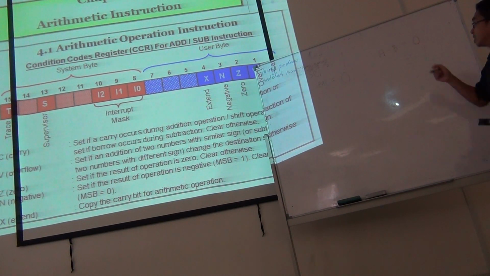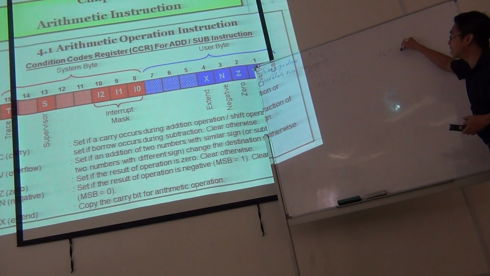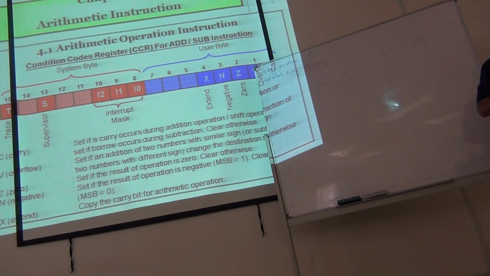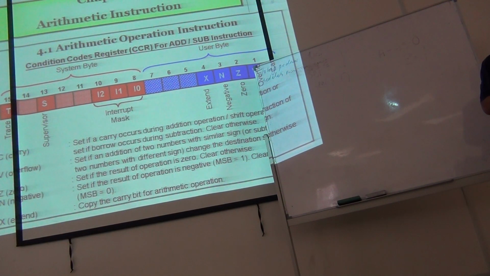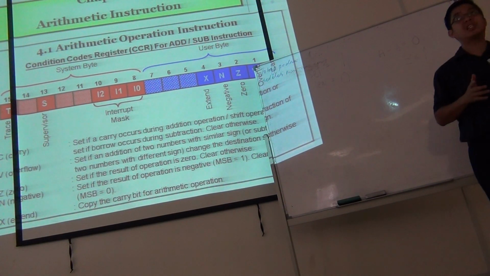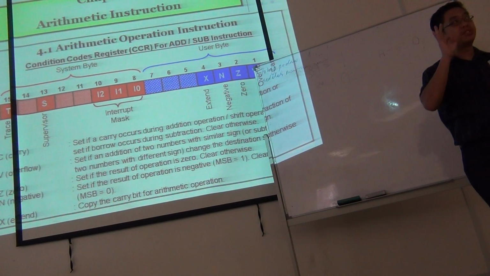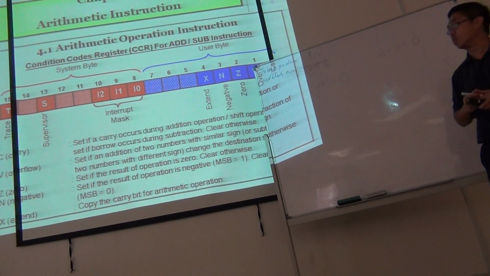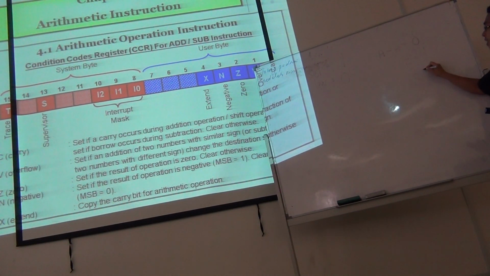For example, very simple. This should be A minus A, where the same value is in B. If the subtraction does not result in 0, your Z will be cleared.